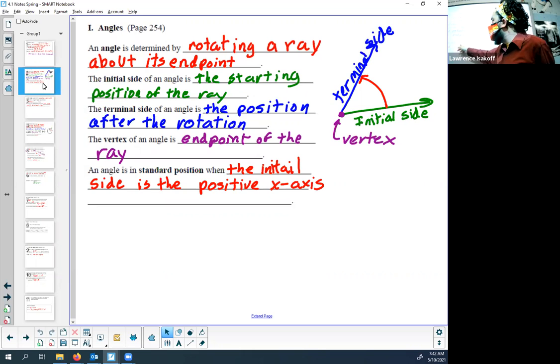And the angle is in standard position when the initial side is the positive x-axis. A lot was said there. Look, we're going to utilize this enough. Basically, I want all my angles by default to start with the positive side of the x-axis, and we'll grow from there.